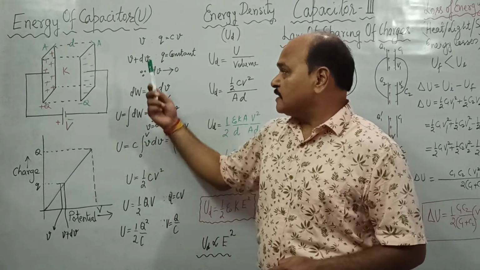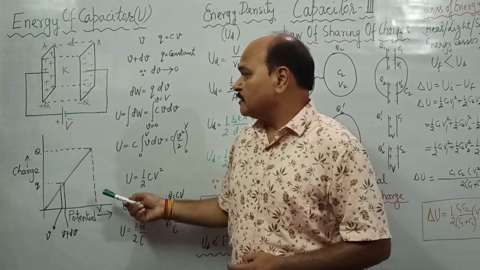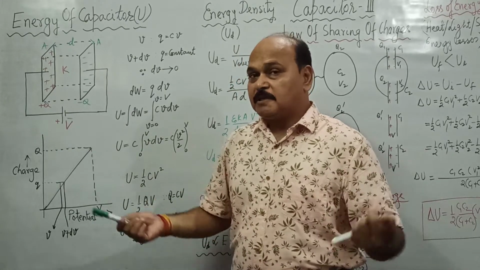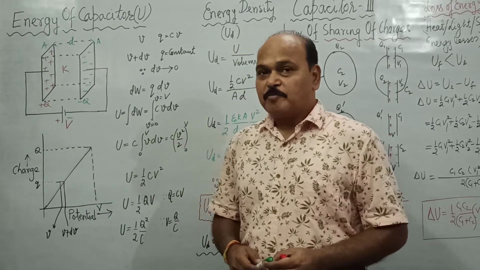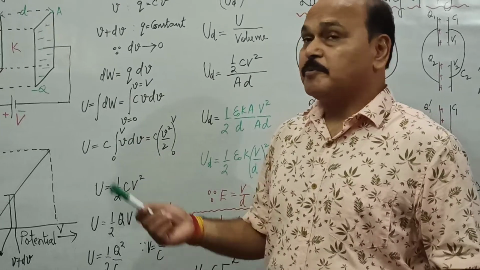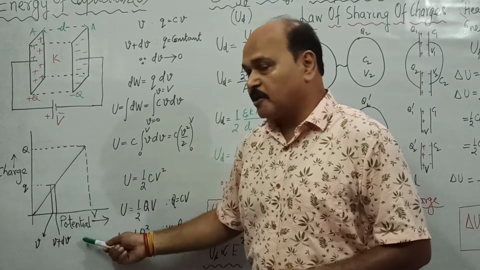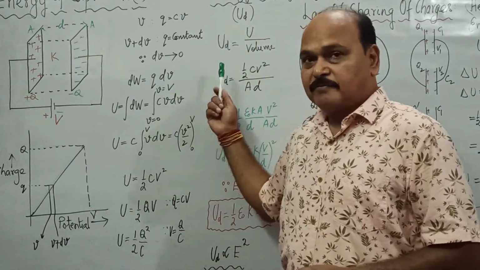Well, what is this energy stored? For that we have to refer to this graph. We know charge given to a capacitor is directly proportional to potential difference across the plates of capacitor. Q is directly proportional to V. Therefore, if we make a graph between charge and potential, it is a straight line graph.